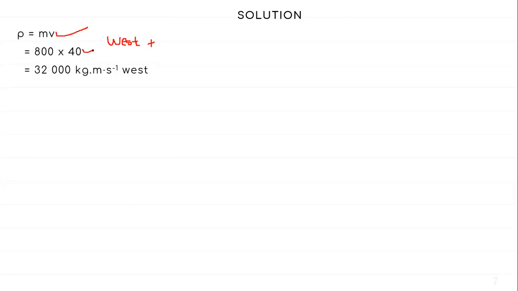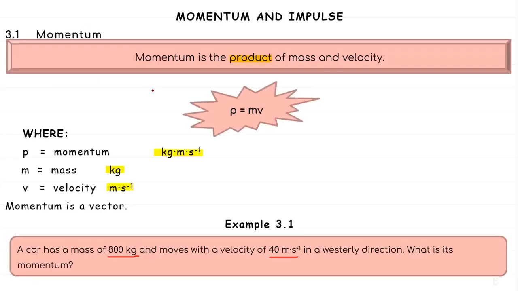So this would normally be 3 or 4 marks. If it is 3 marks, it means the final mark is for the correct magnitude, including the direction. If it is 4 marks, it means the magnitude of the momentum is given as 1 mark and the direction is given as 1 mark. Remember, my dear learners, we said you need to calculate the momentum.